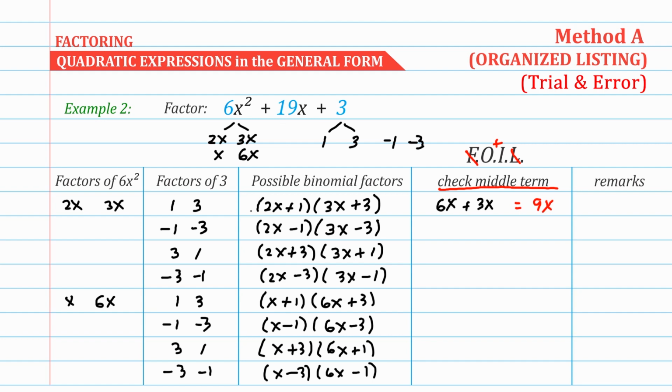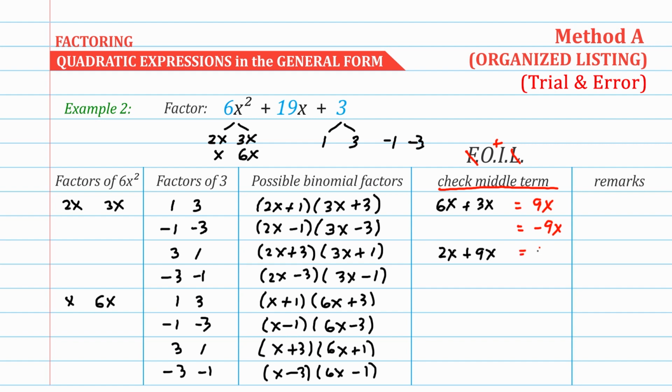Now, from our previous example, we discovered that we really don't need to solve for this next one. Sigurado, it will just be opposite of this one. Okay? Now, let's try itong susunod. Outer, 2x times 1 is 2x. Inner, 3 times 3x is 9x.